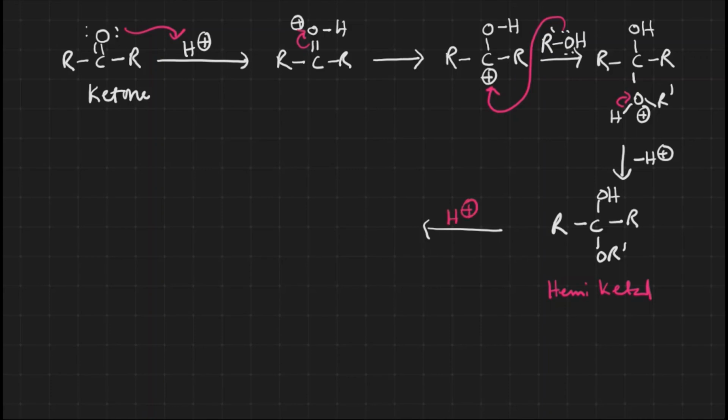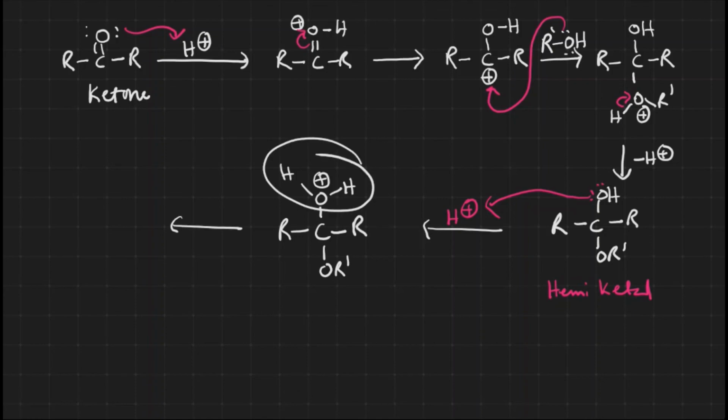Now let us take another part of the reaction. What do we have? We have H over there. Lone pairs of the oxygen attack the proton over there. After attacking, R, C, O, H, oxygen with the positive charge, OR dash, R. This whole part gets out as water, minus H2O.